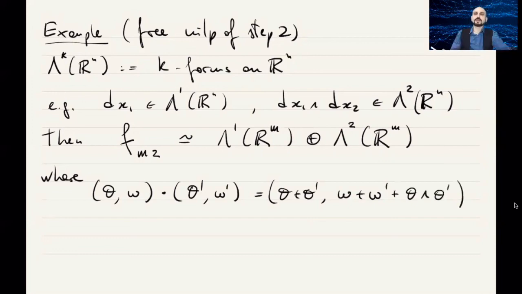So one can prove that this is the free nilpotent Lie algebra of rank m step 2 by uniqueness.